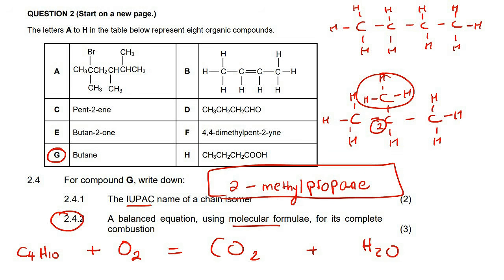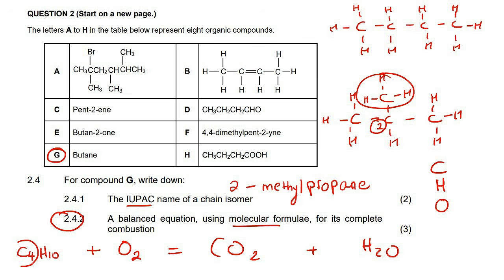Now to balance this, always balance the carbon first, then the hydrogen, then the oxygen, in that order specifically. Trust me. So we start with the carbon. On this side there are 4 carbons, so we'll put a 4 over there. Look at the hydrogen next. On this side there are 10, and on this side there's 2. So we'll put a 5 over here, because 5 times 2 is 10.